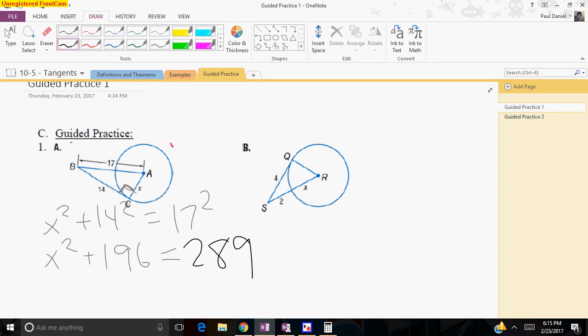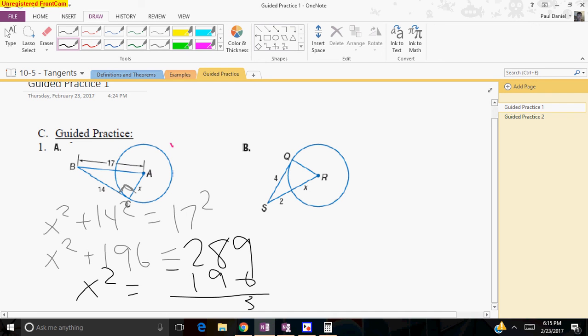Alright, so that means that x squared is going to be equal to what happens when I subtract 196 from 289. We'll just do it the long way.